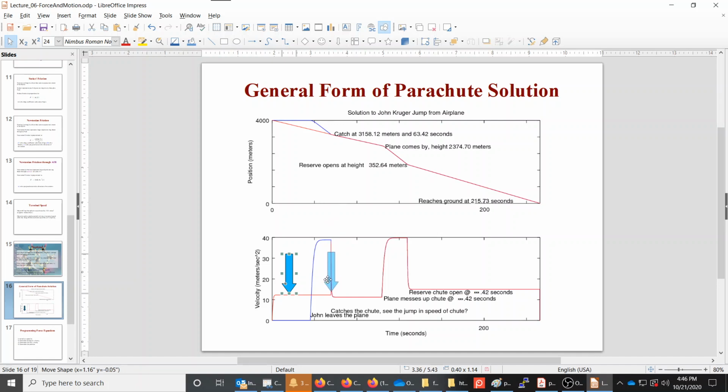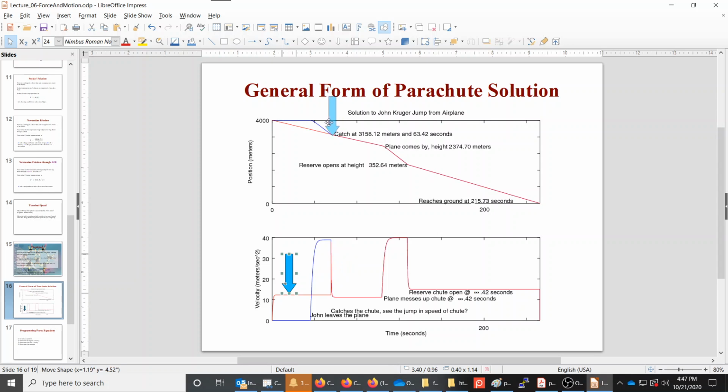But then the parachute opens, and now notice him and the parachute are moving the same because they're fastened together. So now he slows down because the parachute's open, so he's moving slower.